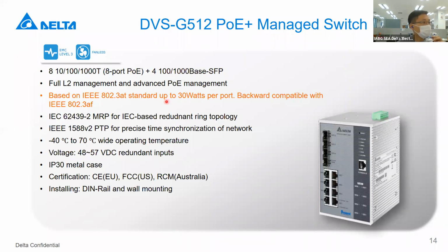And for the power rating, right now we support up to 30 watt for each port. Actually, for PoE, I think there are several levels. First one is 15 watt, second one is 30 watt, and right now there's even some like 60 watt. So for Delta, right now we support the standard one, 30 watt per port.